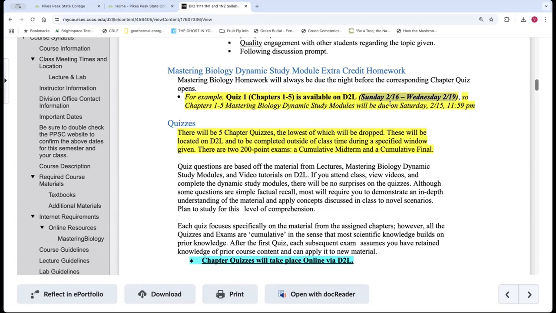You should have already done those dynamic study modules prior to the opening of that quiz. The modules for chapters 1 through 5 are open since the beginning of the class, but they are specifically due on Saturday, February 15th, the night before the exam opens. That will always be the system for the dynamic study modules.